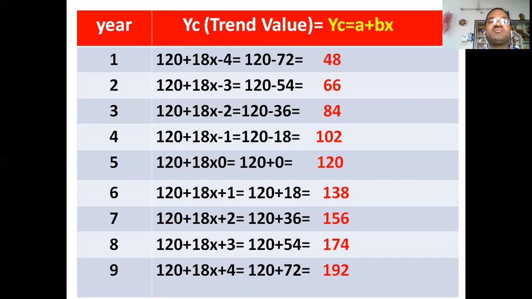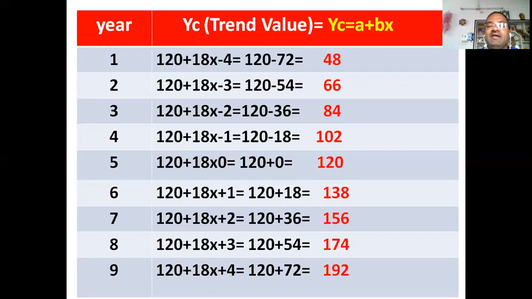For the first year, YC is equal to A plus BX. A is 120 plus B is 18 into X. BX means B into X, and the X value is minus 4. 18 into minus 4 is equal to minus 72. So 120 minus 72 is equal to 48. Similarly, the second year, 120 plus 18 into minus 3, that is 120 minus 54, 66.